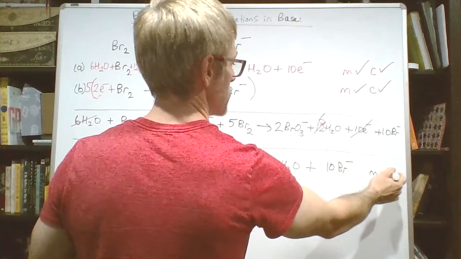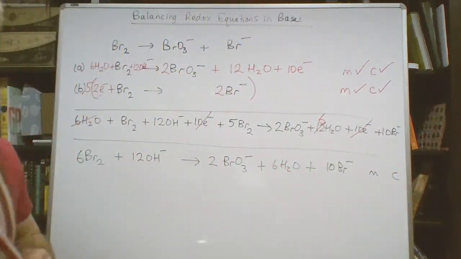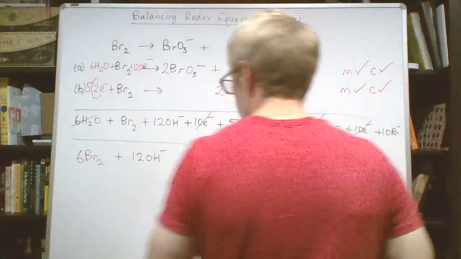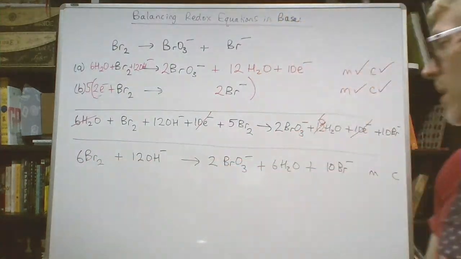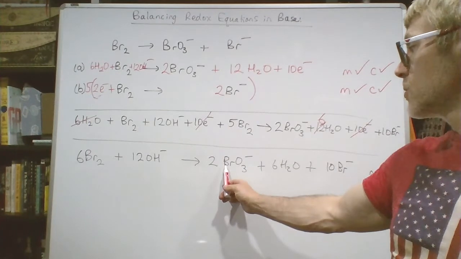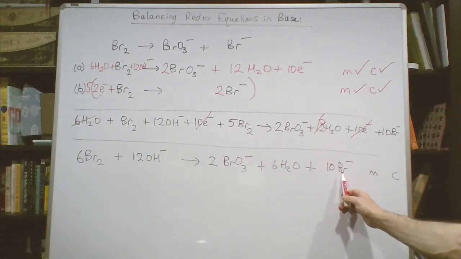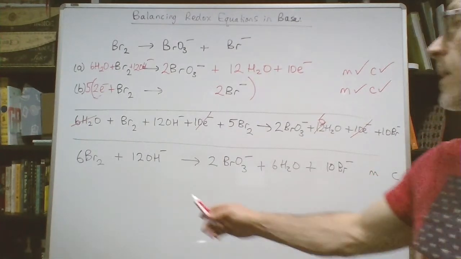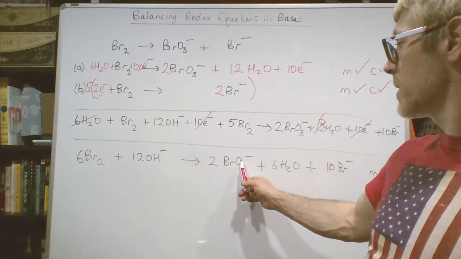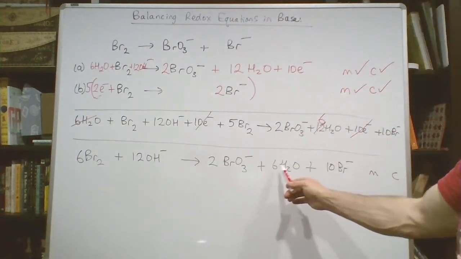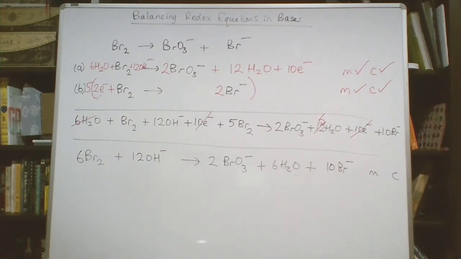We want to go ahead and check the mass and the charge that we have. So I've got 6 multiplied by 2 is 12 Brs. I've got 2 Brs here and then another 10 Brs here. That's 12 total. I've got 12 oxygen. 2 multiplied by 3 is 6 oxygen, plus a further 6 is 12 oxygen.